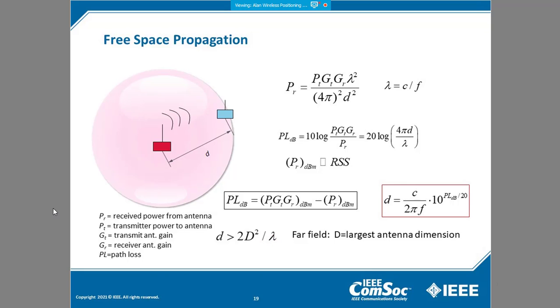In the case of a small horn antenna, we're talking about tens of centimeters as the minimum for the far field. Okay.